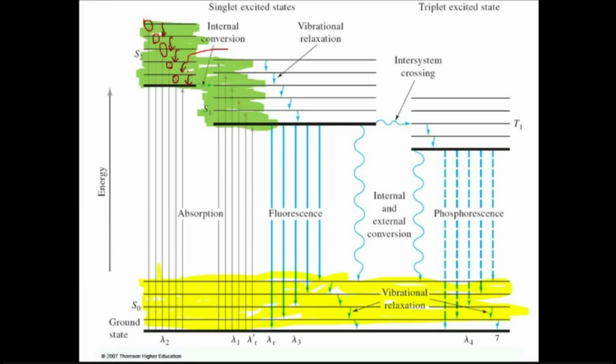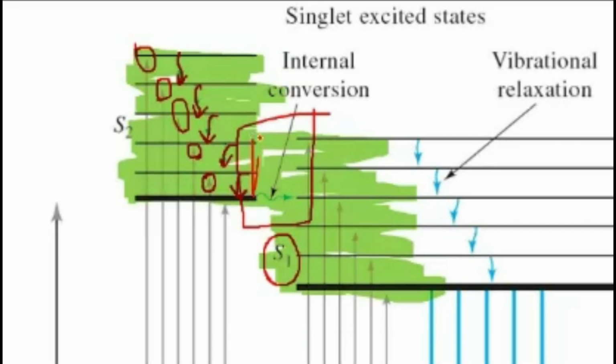There will be some region where the lower vibrational levels of S2 overlap with the higher vibrational levels of S1. You can see that these three have almost the same energy as these three.